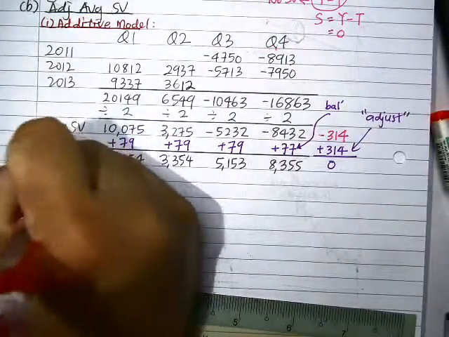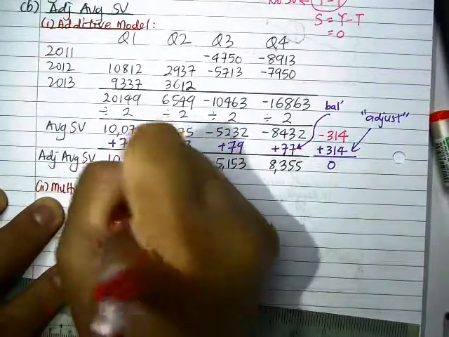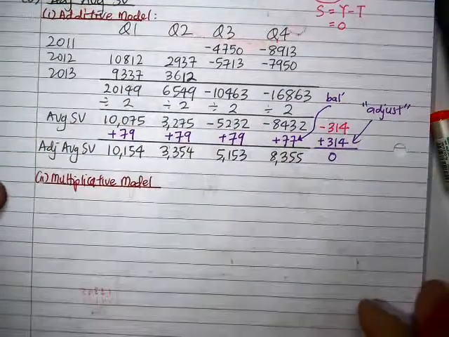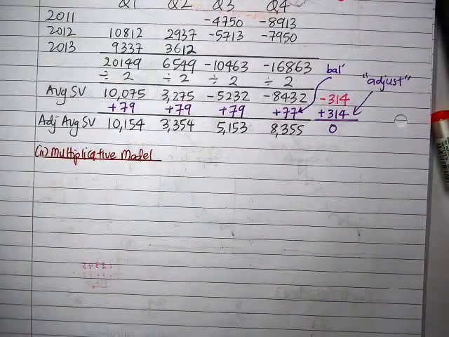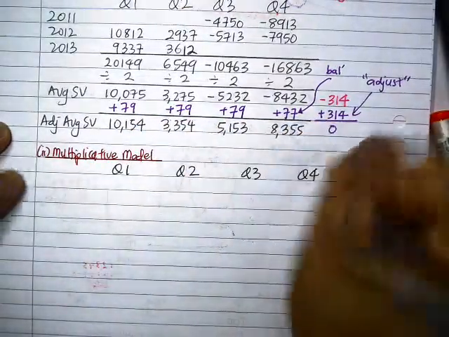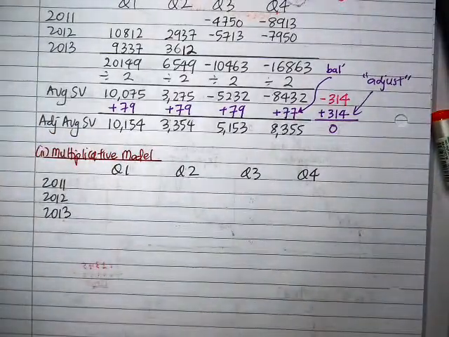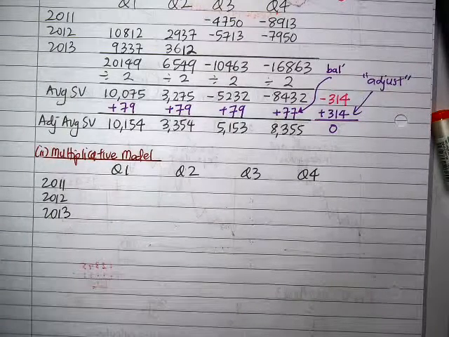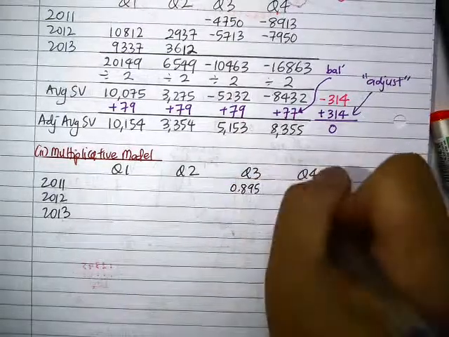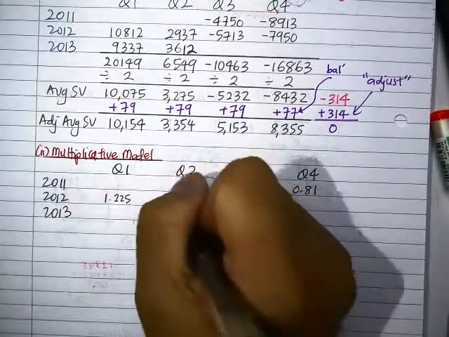So let's do once more for the multiplicative model. Q1, Q2, Q3, and Q4. So class, if it's a multiplicative model, your values will be 0.895, 0.81, 1.225.